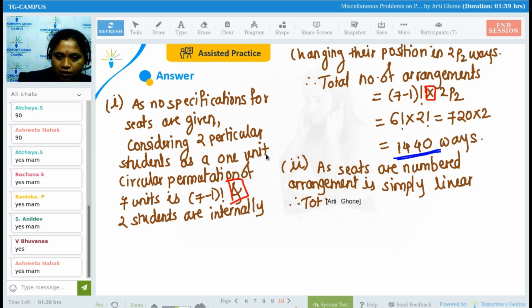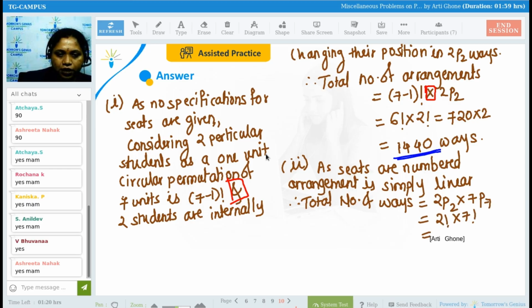Therefore, total number of ways is 2P2 into 7P7, that is 2 factorial into 7 factorial. Got it? So this one will be 720 into 7 into 2. Clear?